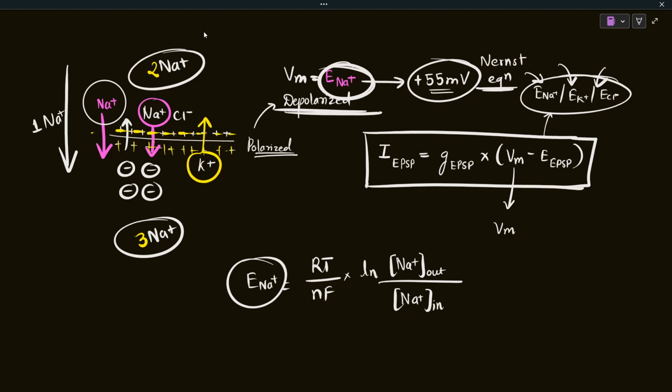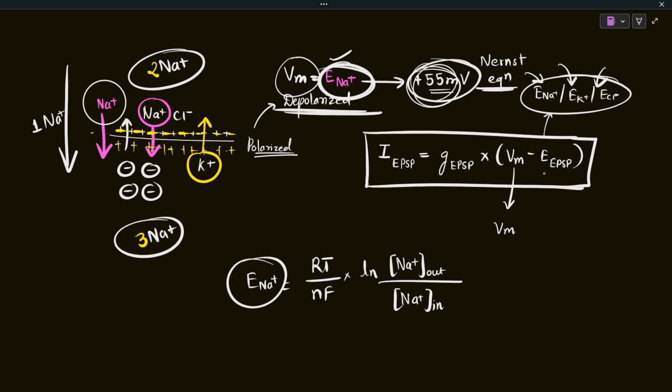Okay, so this is what should happen, but this does not happen exactly. This tells us that the membrane potential should reach the equilibrium potential of sodium ions, but it does not. The membrane potential does not get exactly equal to 55 millivolt, because some other current is being generated as well.